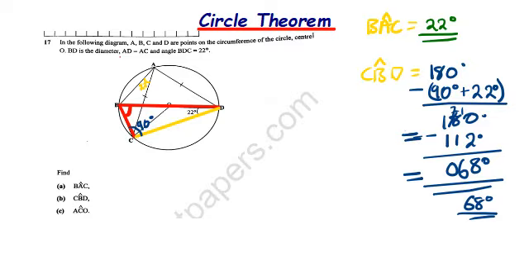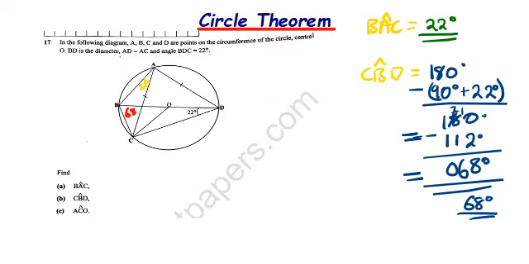Now for the last part, here you are found to have 68 degrees, so there I have 68. Now we have to find angle ACO. So in order for us to find our angle ACO, what we have to do, this is also very easy.